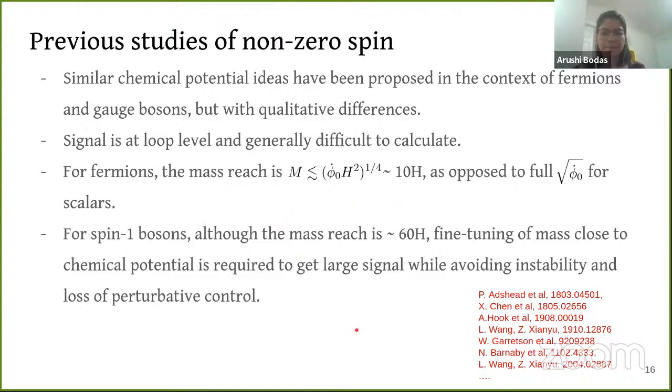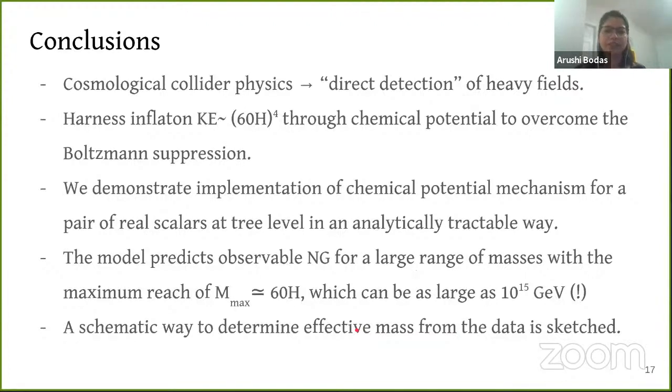But yeah, so the conclusions are that cosmological collider physics is an exciting thing where you have the possibility of directly detecting fields as heavy as the inflationary Hubble scale, which can be at 10 to the power 13 GeV. In this, one way to get rid of the Boltzmann suppression is to harness the kinetic energy of the inflaton itself, which is the chemical potential, and it can be as large as 60 Hubbles.